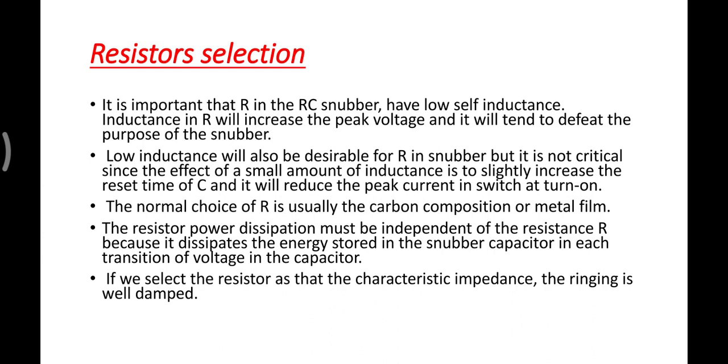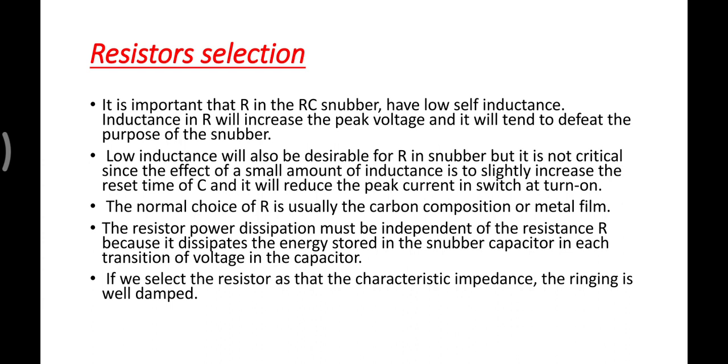Next, low inductance will also be desirable for R in the snubber, but it is not critical since the effect of a small amount of inductance is slightly increasing the reset time of the capacitance, and it will reduce the peak current in the switch at turn on time.